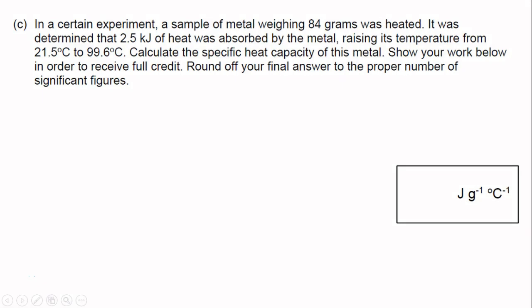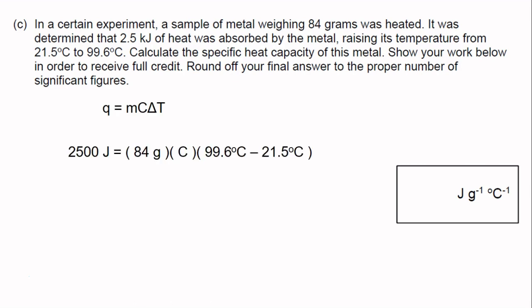All right, let's take a look at part C. We have the mass of an unknown metal. We have the total amount of heat absorbed, and we have the delta T. What we don't know is the specific heat capacity. Let's go ahead and plug in what we know. 2.5 kilojoules. That's going to be 2,500 joules.